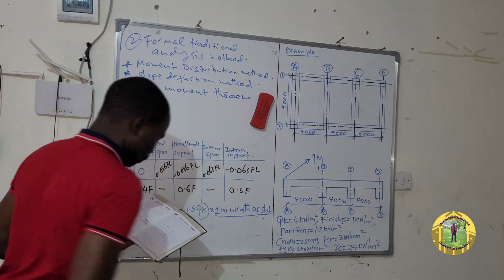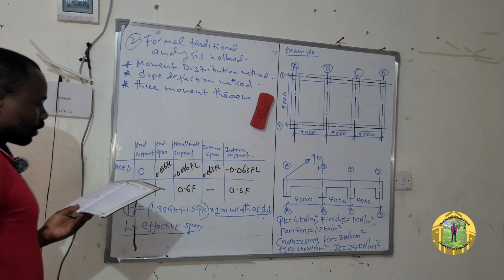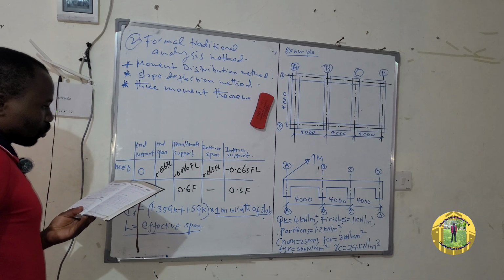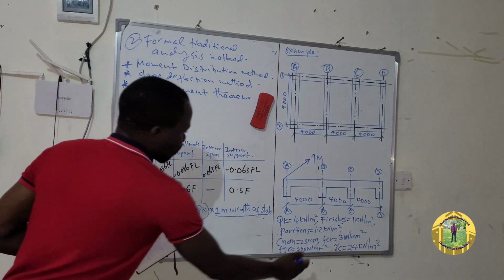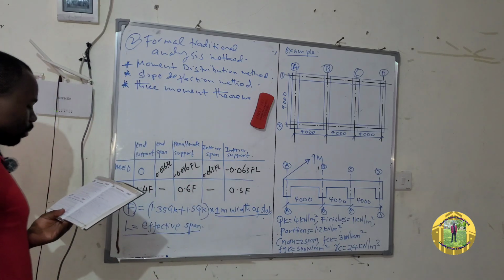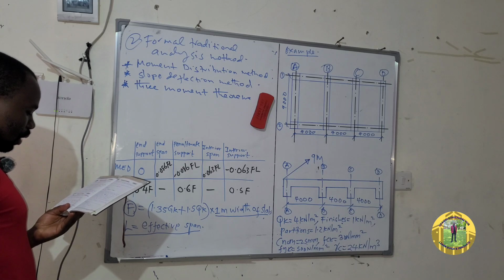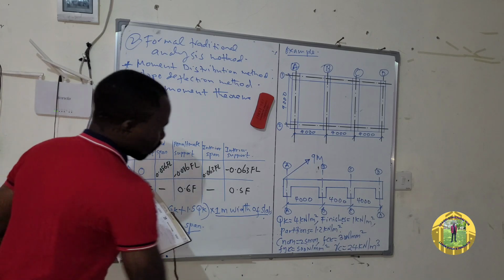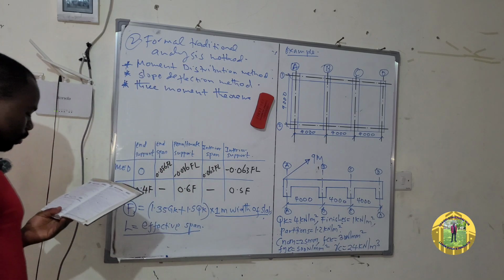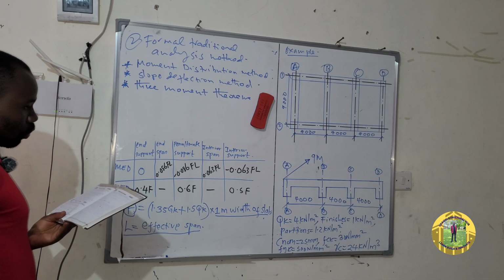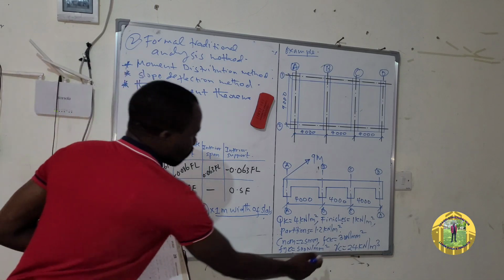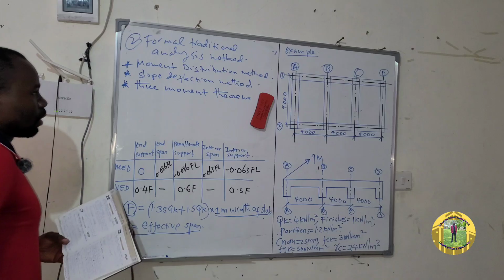And then we have the FCK, the strength of concrete, which is 30 Newton per millimeter square. And then we have the strength of steel, FYK, which is equal to 500 Newton per millimeter square. And then, of course, we have the unit weight of concrete, 24 kilonewton per meter cubic.